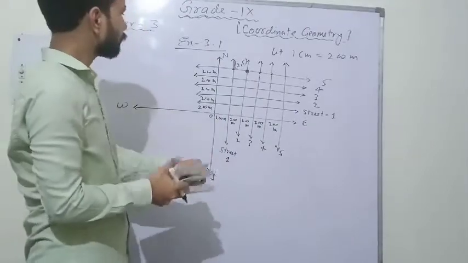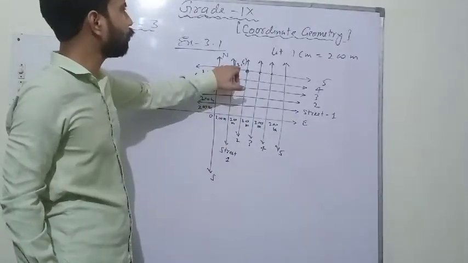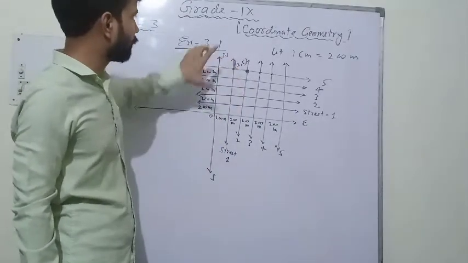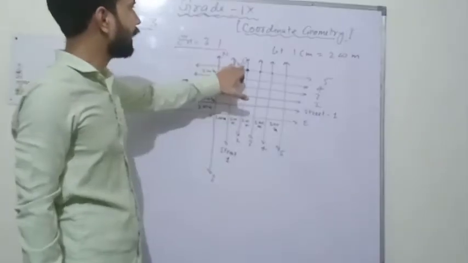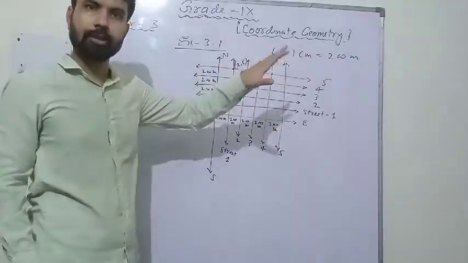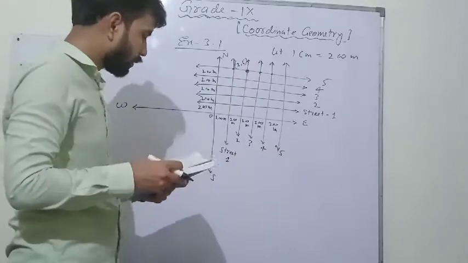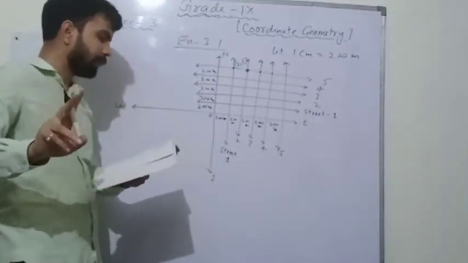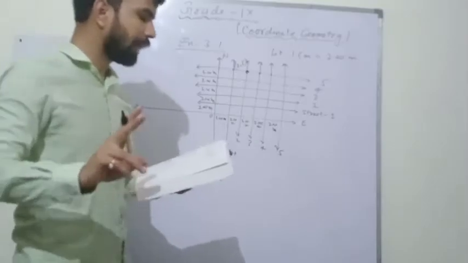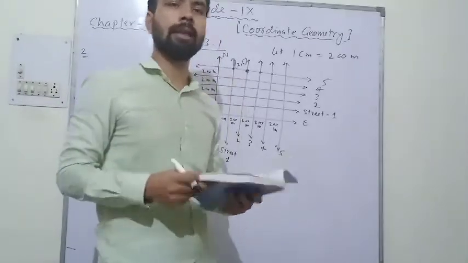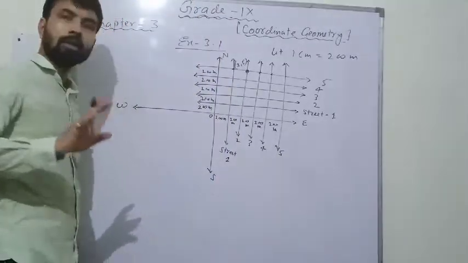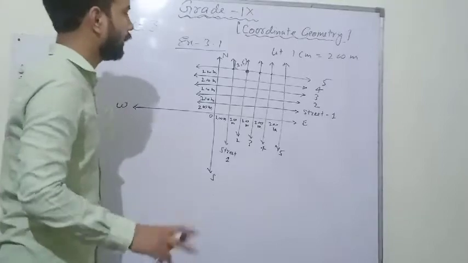Clear? So we have to write the first point along the north-south direction, meaning this axis, and the second point along the east-west direction. Got it? Now see, 2 points are given here. How many cross streets can be referred to as 4, 3? Beta, 4, 3. So how can we find the point 4, 3?